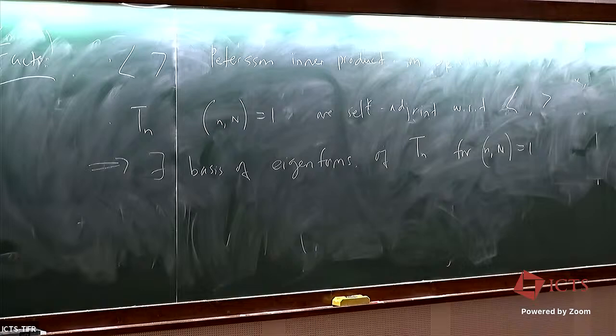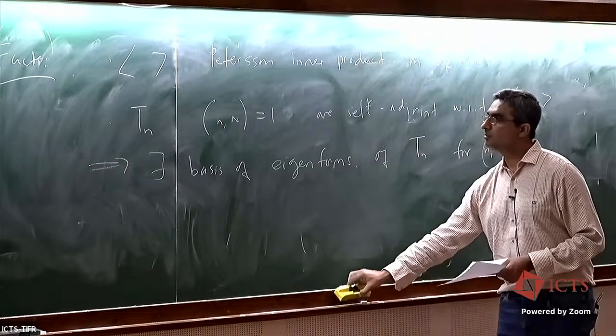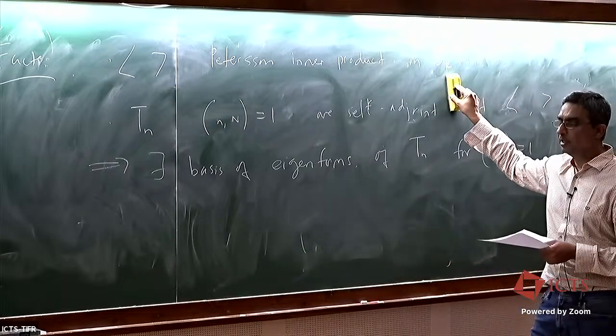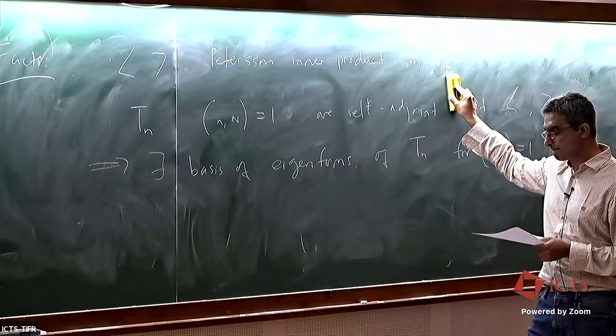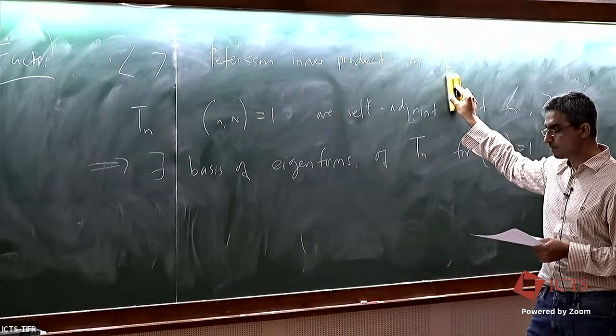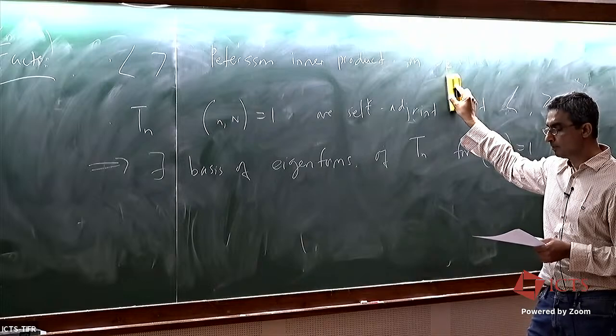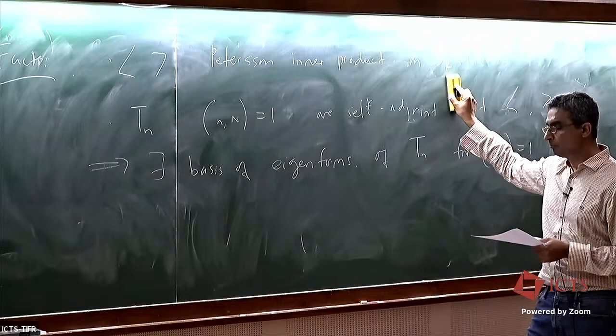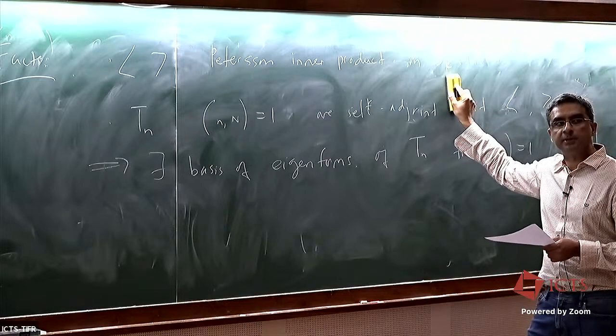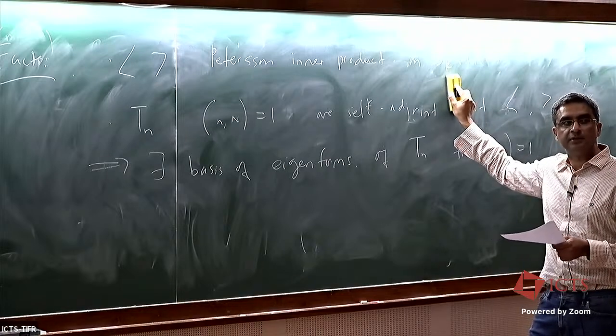Oh, yes. Okay. Yeah, this part I didn't really prepare. I just made some notes. You're saying there might be some, yeah, because Tn star should be something like epsilon n inverse times Tn.